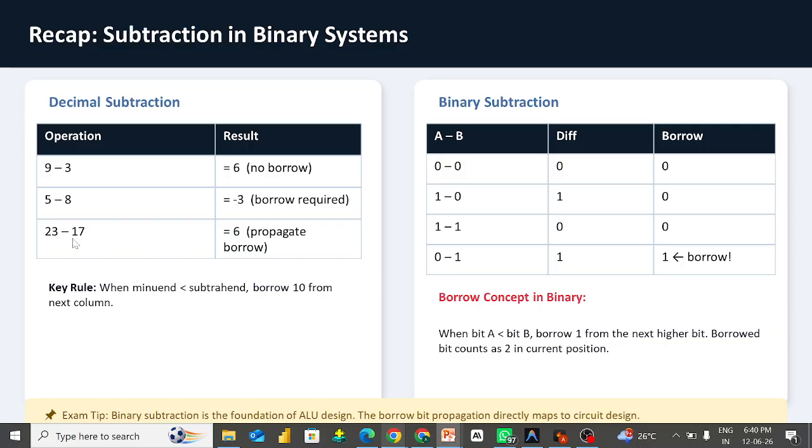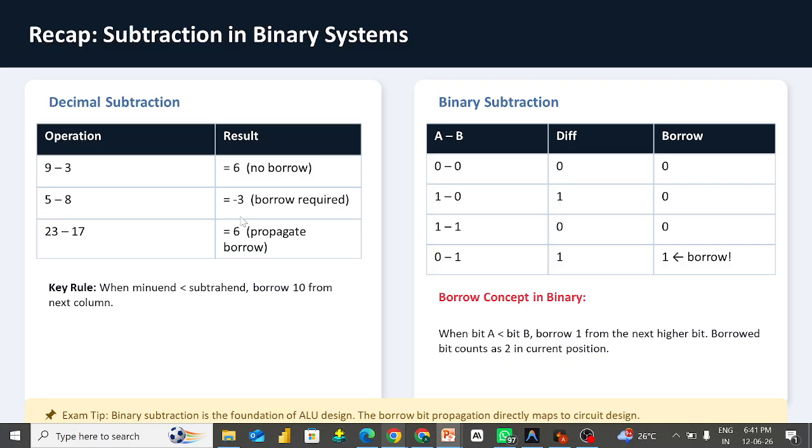What happens with 23 minus 17? It is 6, right? Now just think: here you have 5 minus 8, so this kind of subtraction happens in normal subtraction. What happens if you have another bit of input? From that bit you can carry one as a borrow, otherwise your answer is negative.